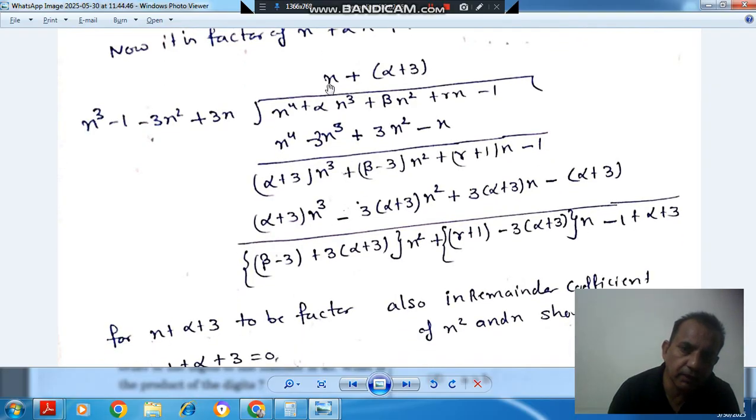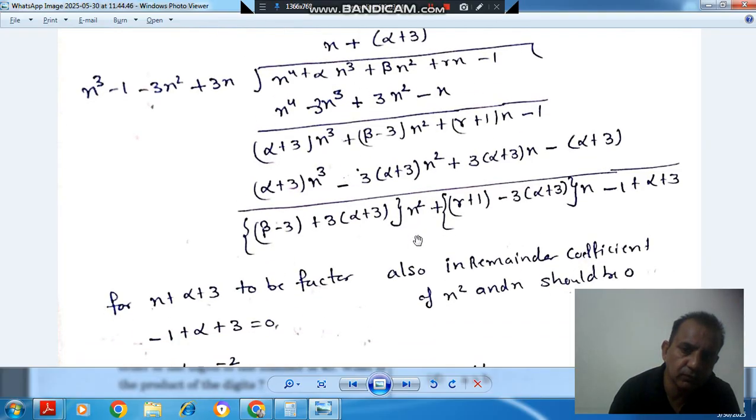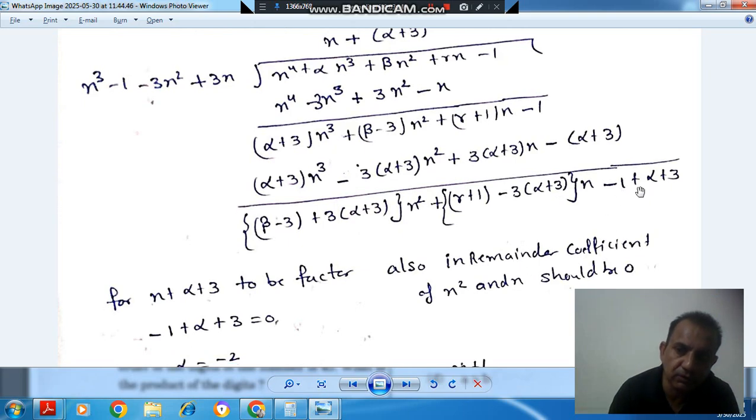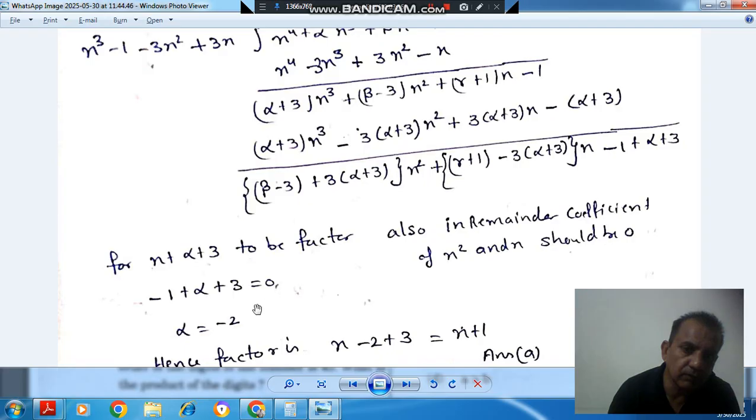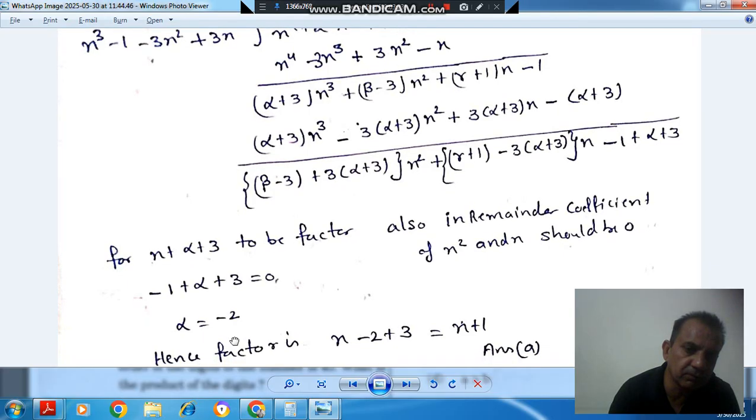Now if this has to be a factor of this equation, then this remainder should be 0. This remainder can be 0 when the coefficient of x and this term are 0. So keeping this term 0, minus 1 plus alpha plus 3 equals 0, or alpha equals minus 2.